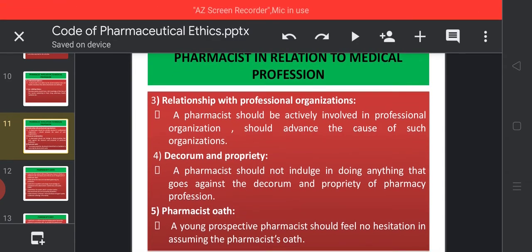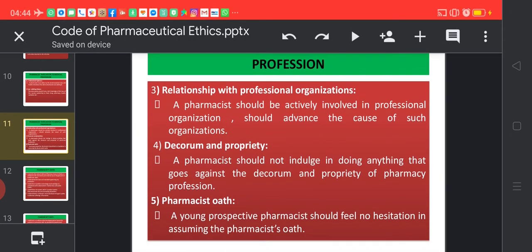व्हेन वी टॉक अबाउट अ फार्मासिस्ट ओथ, so definitely each and every pharmacist should feel free, should feel no hesitation in assuming the pharmacist oath. में कोई हेजिटेशन नहीं होना चाहिए एज ए फार्मासिस्ट टू वर्क एज ए फार्मासिस्ट ओथ, टू फॉलो फार्मासिस्ट ओथ.